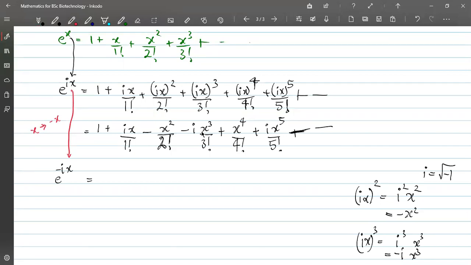Just replace x by minus x in this final expression. Okay. So here you have 1. Here x becomes minus x. So you get 1 minus ix upon 1 factorial. Here x becomes minus x, but minus x the whole square is also x squared. So this sign does not change. This is minus. This will be x square will remain x square. So you just have x square itself.